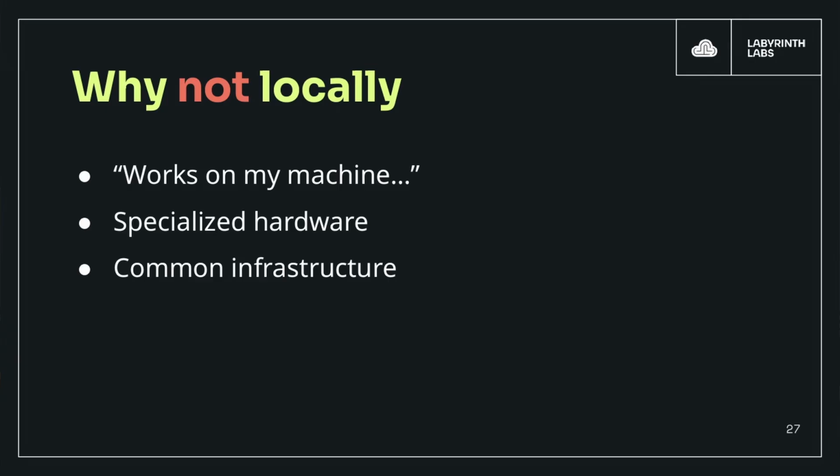And also, it's probably better to stick to common infrastructure. You can have local development based on Docker Compose, but if your staging or production runs on Kubernetes, then there might be differences which might cost you some bugs or some issues.